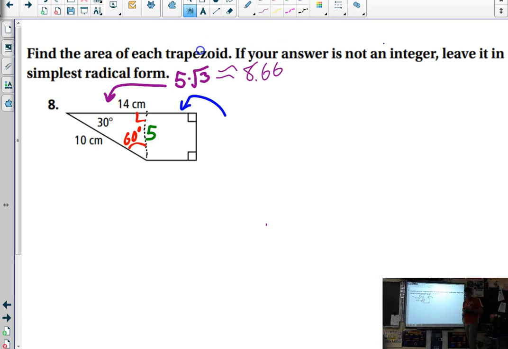And 14, if I plug in my second answer and get a really precise one, 5.339, so about 5.34. Now the base of my triangle is easy because it's 5. The height's awkward. Now there's always multiple ways to do this. So if you don't like that way, you could figure out another way. That's probably the easiest though.